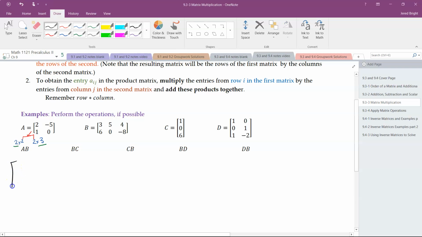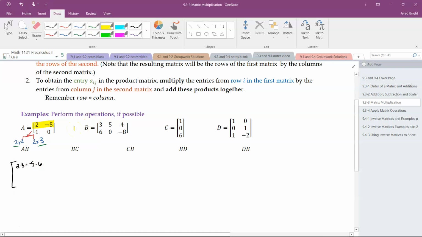Take the row of the first matrix, this row, and multiply it by the entries in the first column and then add those products. So just to be clear, this first column, it would be 2 times 3 plus -5 times 6.